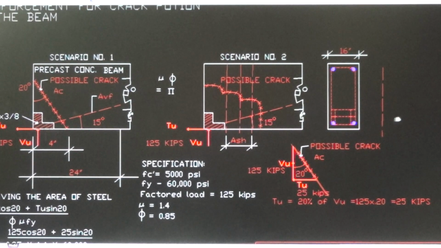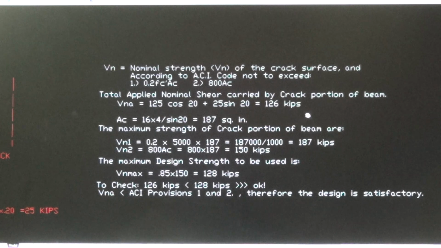This is the sine here, 20 degrees, and that gives us 187 square inches. That's the area AC, and the nominal applied shear force should be less than these two criteria, criteria 1 and criteria 2.